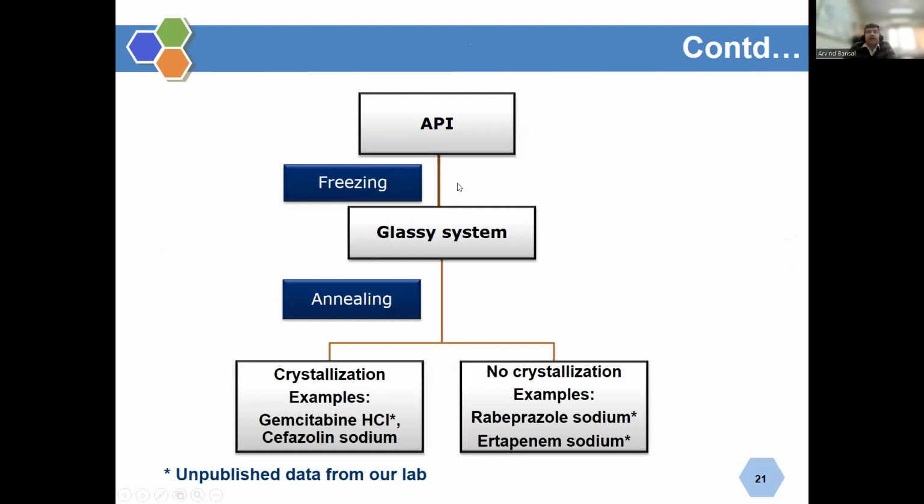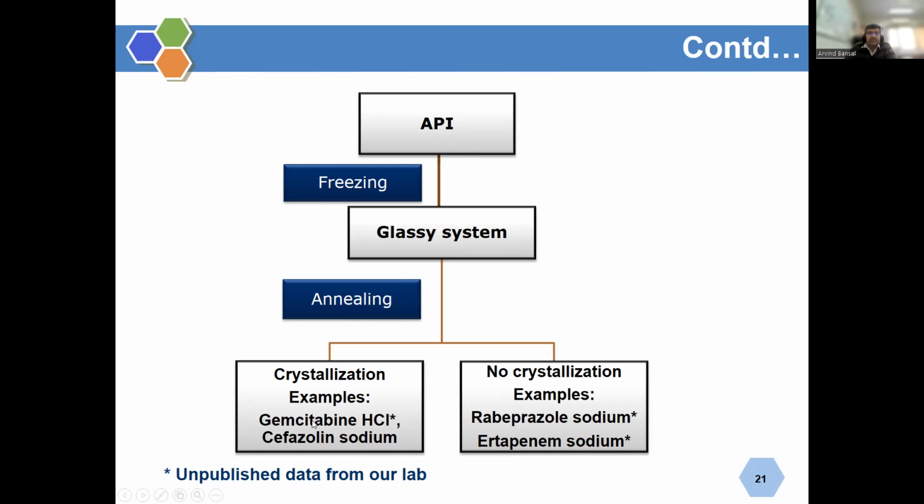This is the pictorial depiction of the annealing step. So the API, when we freeze it, comes out in the glassy form, and after annealing, it may show crystallization.